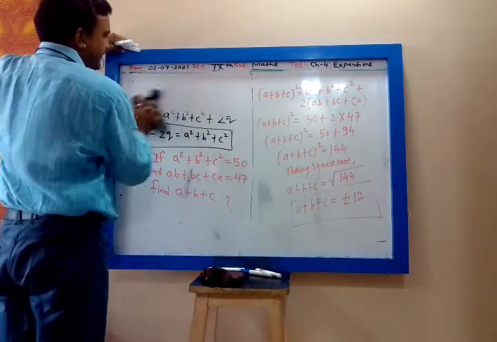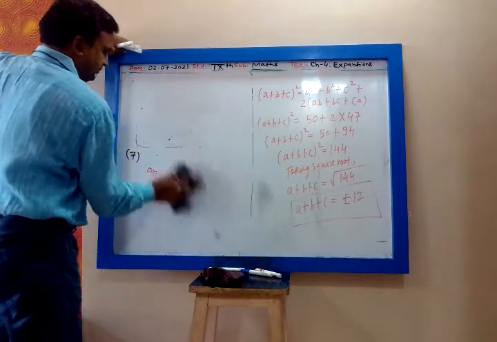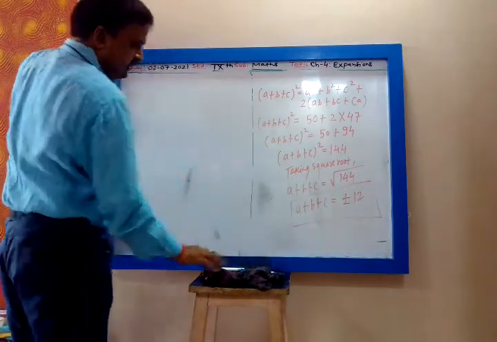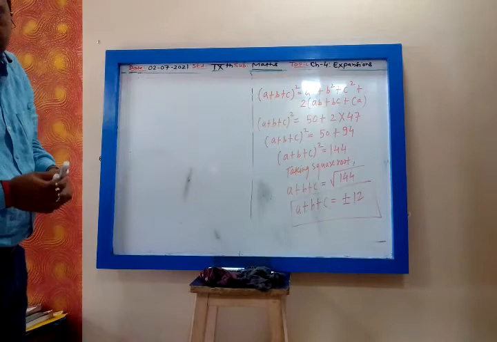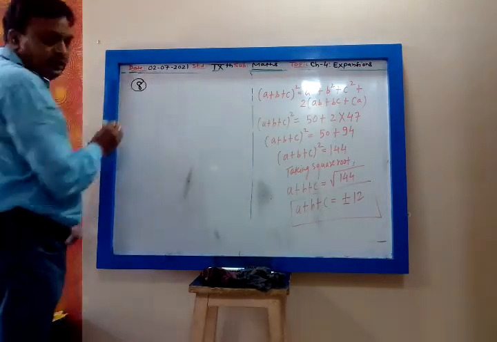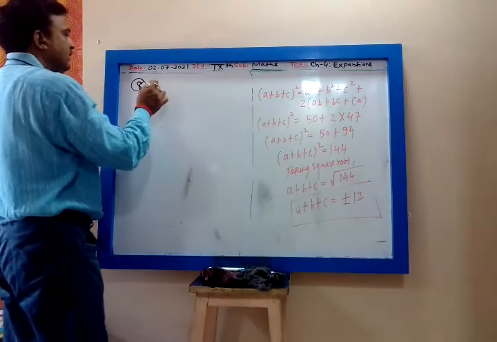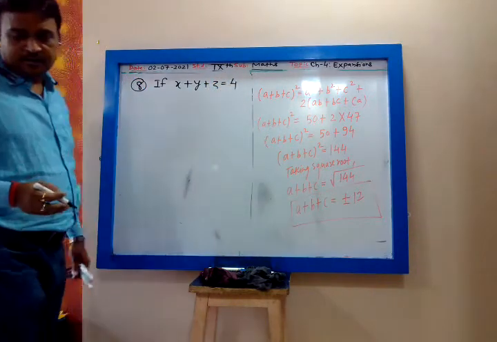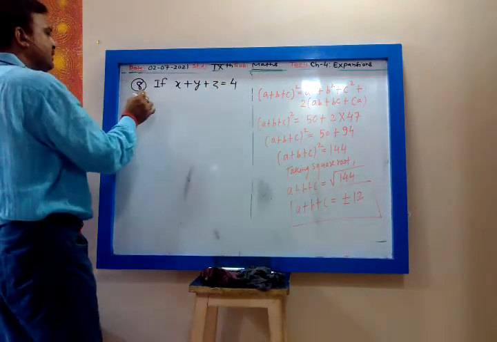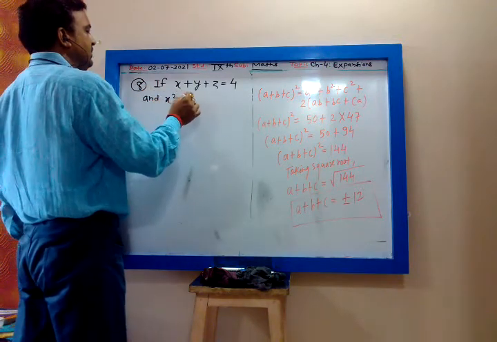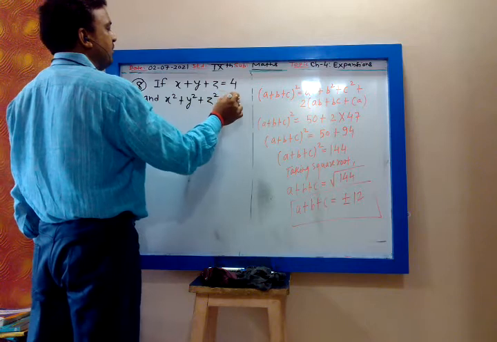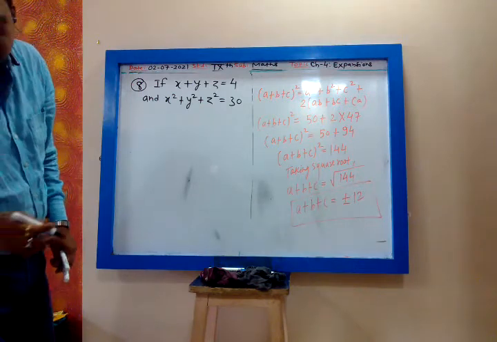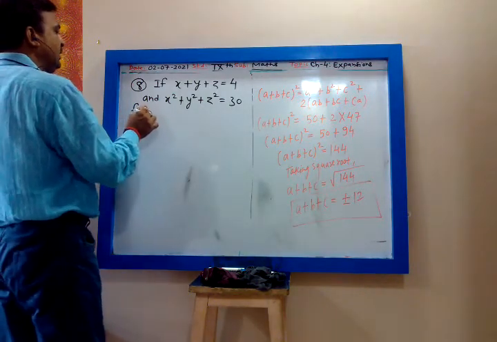Then last problem of this 4C. Seventh we have done. Now eighth one. If x plus y plus z is 4, and x square plus y square plus z square is 30, find the value of xy.